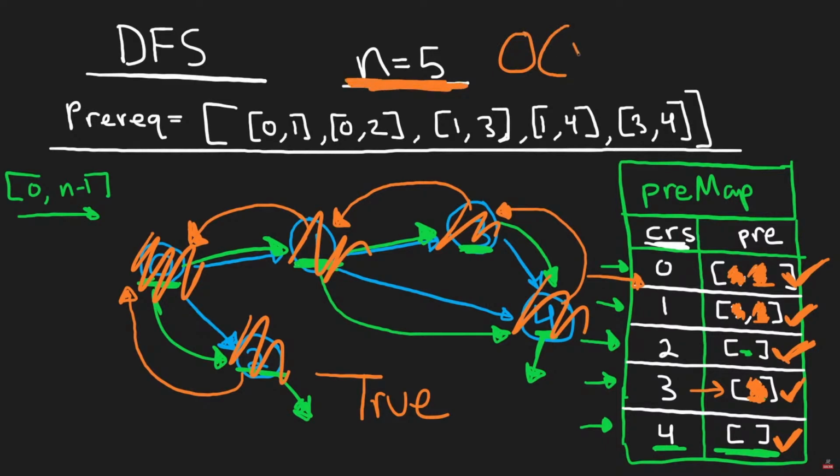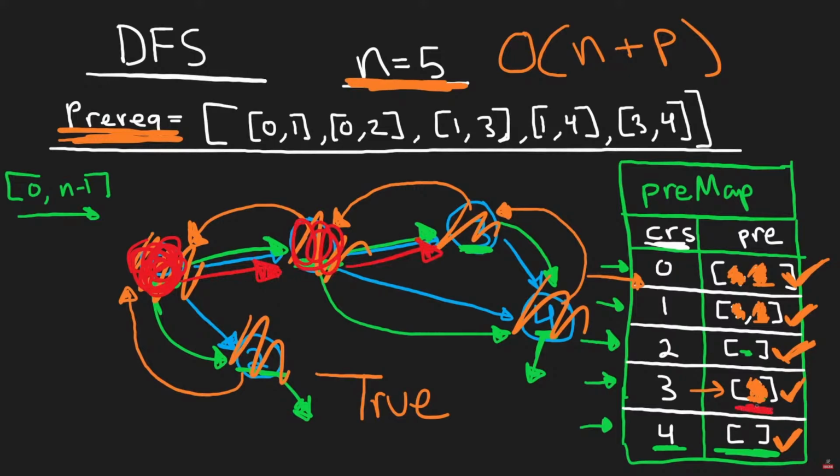I'll use n as that, and I'll use p for the number of prerequisites that we had, because if you notice in this graph, we have to visit every single node, and we have to move along every single edge. And once we get rid of the prerequisites from here, we don't really have to visit a course twice, because once we know it can be completed, we can instantly do that. We don't have to go through its prerequisites twice.